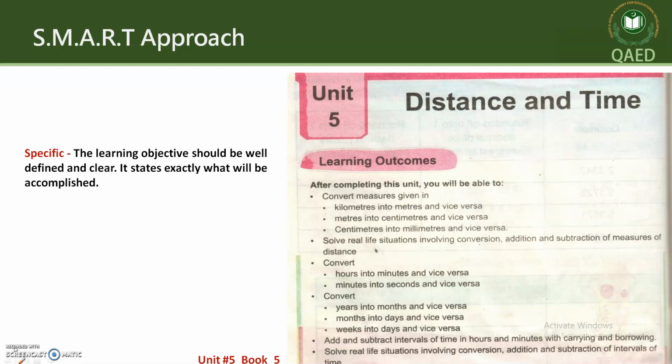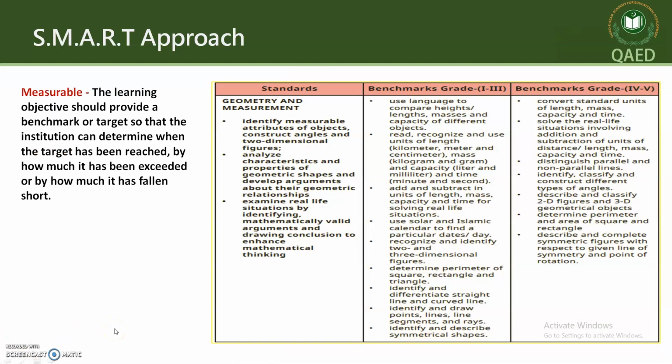It states exactly what will be accomplished. The second is measurable. The learning objective should provide a benchmark or target so that the institution can determine when the target has been reached, by how much it has been exceeded, or by how much it has fallen short.